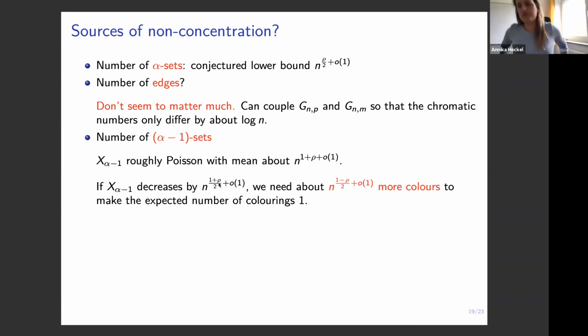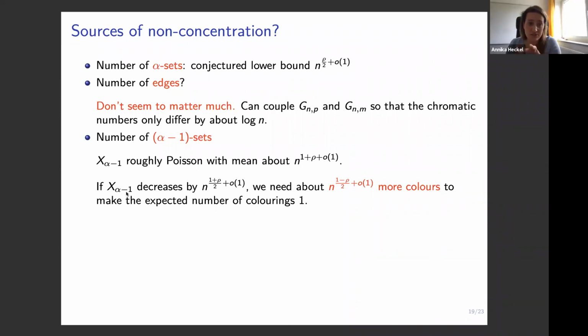And now if you look at the heuristic again, that the chromatic number is close to the point where the expected number of colorings is roughly 1, or that at least it varies like the point where the expected number of colorings is close to 1.